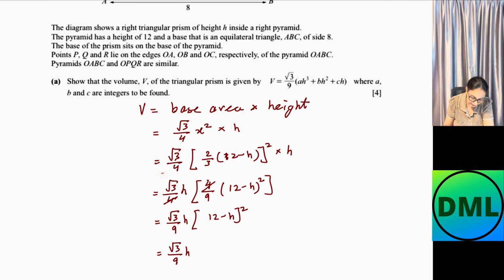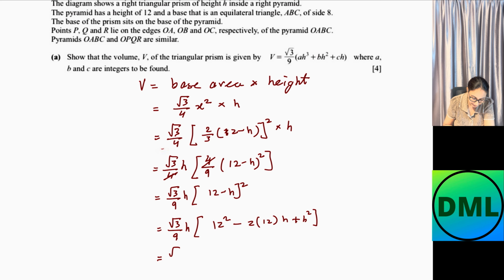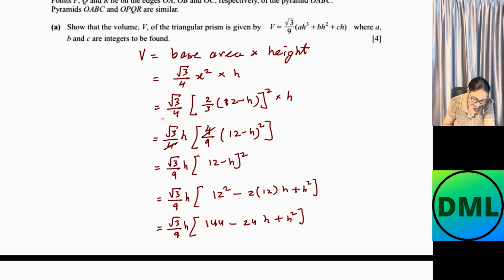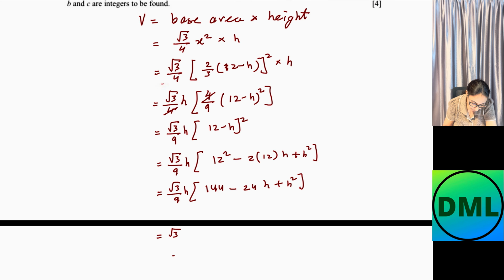Root 3 by 9 h, 12 square minus 2 times 12 times h plus h square. 12 square is 144 minus 12 times 2 is 24h plus h square. This will be written as root 3 by 9. I'll multiply this h inside it.